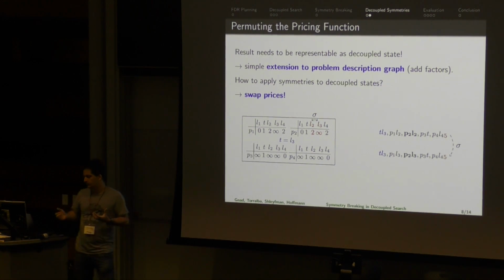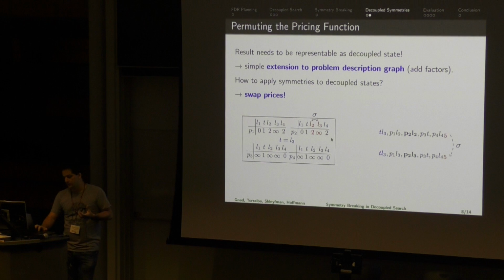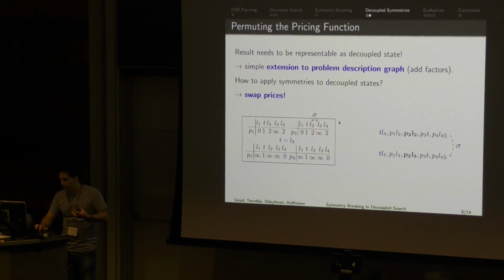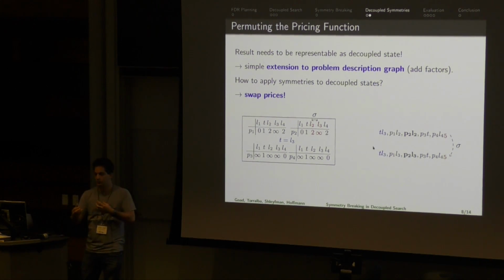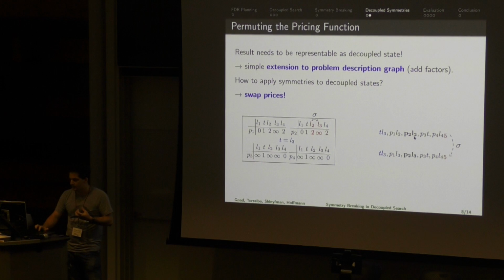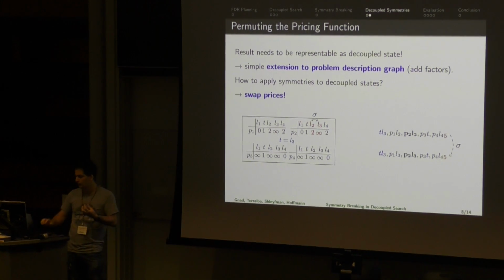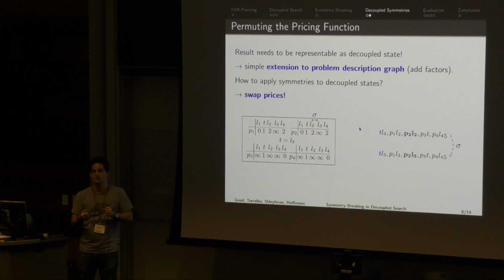What we do, like in this small example here, say we have a symmetry that says for package 2, location 2 and location 3 are symmetric to each other. In the standard state space, you would apply your symmetry and set the fact that package 2 is in location 2 to location 3 now, and what we do in decoupled search is we just swap the prices.